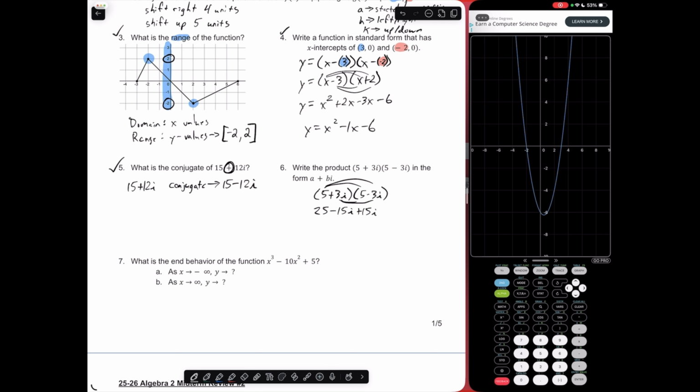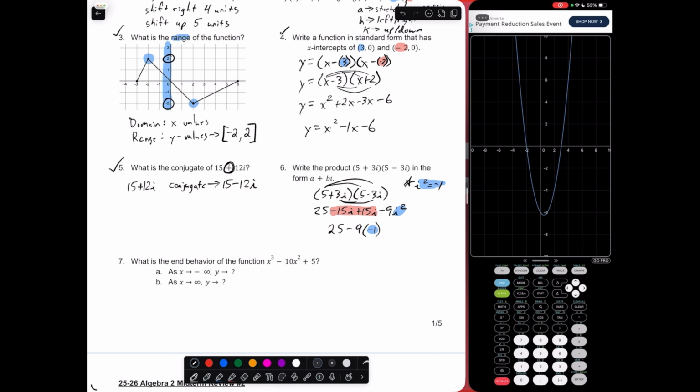So we use our distributive property, we get negative 9i squared. Now your two middle terms, when we're dealing with conjugates, should be opposite values, so they would subtract or add out when you take the sum of them. So we'd have 25 minus 9i squared, but we want to remember that i squared is equal to negative 1, so that would become a negative 1 value.